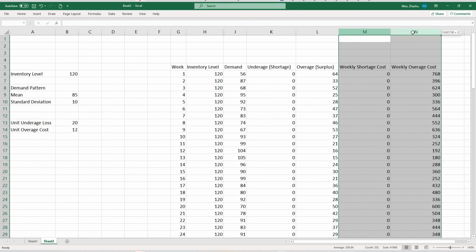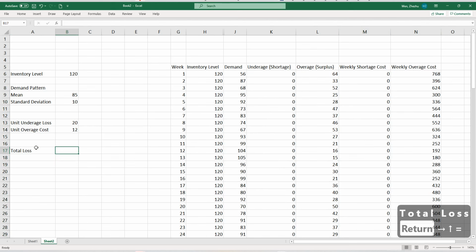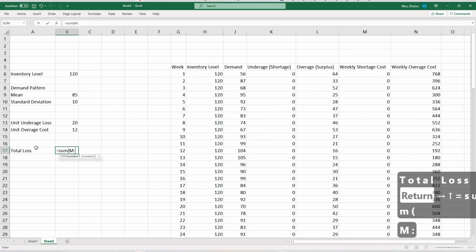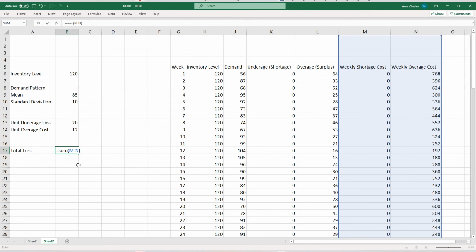We're interested in understanding the total loss, so I'm just going to do total loss: sum from M and N. Again, when you reference particular columns this way, you need to make sure there's nothing else in the columns other than the values that you want to put into the calculation. So with inventory level 120, this is our total loss.